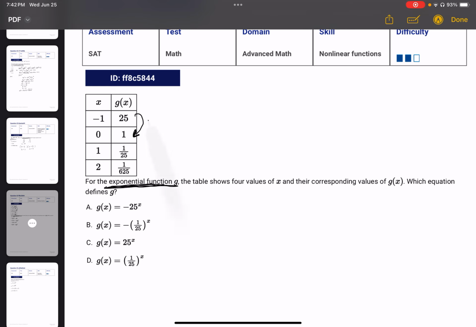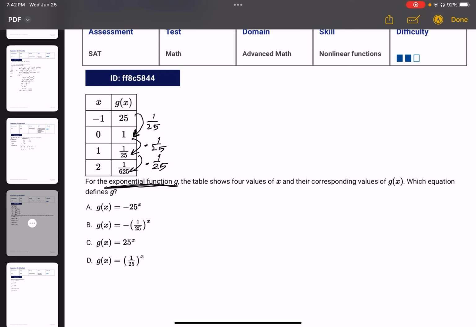So here, there's a ratio that is decreasing by, and then same here, and same here. So every time you multiply the previous one by 1 over 25.